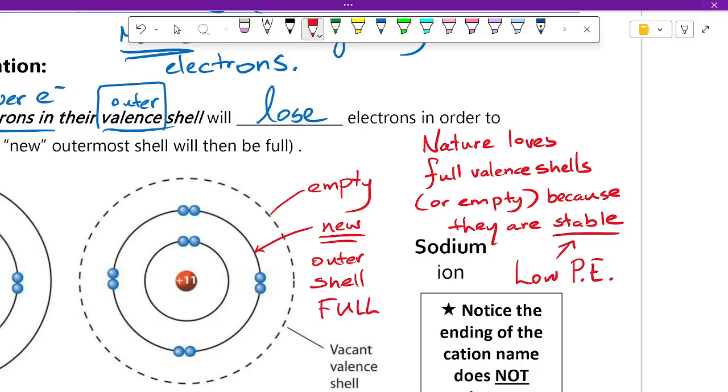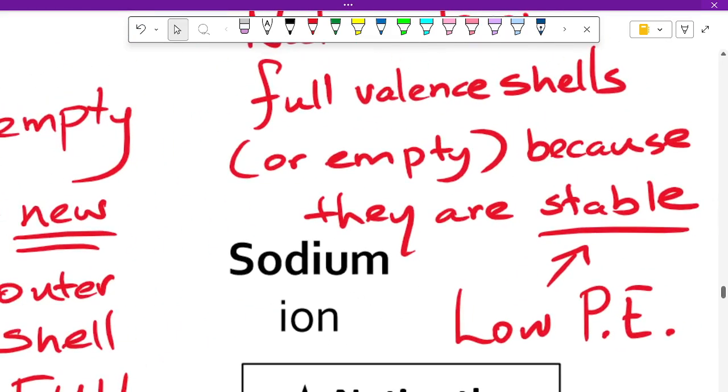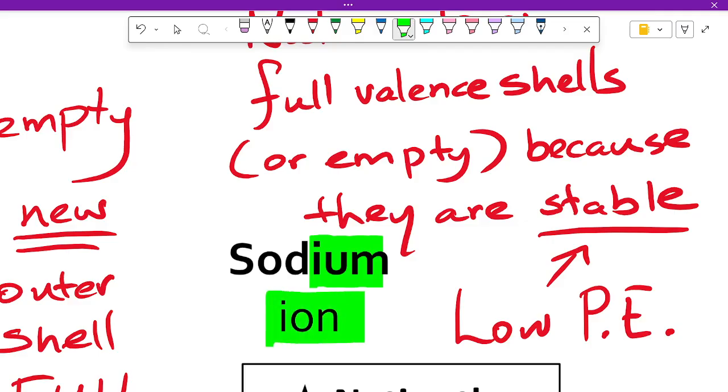Now remember, nitrogen became nitride. Sulfur became sulfide. Fluorine became fluoride. When they became ions, their name ending changed to ide. What happened to sodium's name when it became an ion? Did it become sodide?